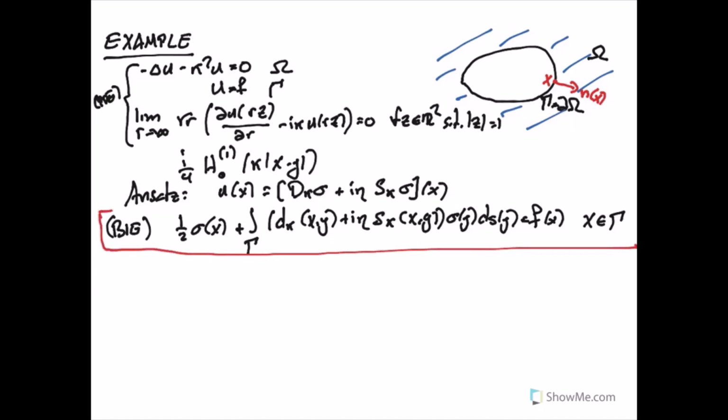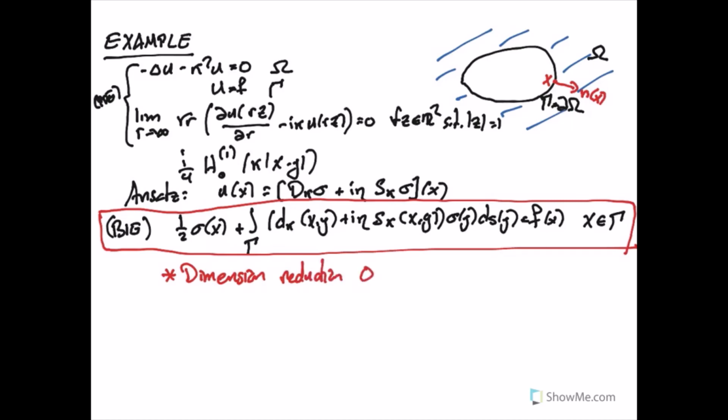And this equation is very, very nice to work with. So let's just repeat the advantages. So we get dimension reduction. In other words, the number of degrees of freedom scales as 1/h instead of 1/h squared if you discretize the exterior domain. You have a well-conditioned equation, and in fact, the second kind Fredholm.